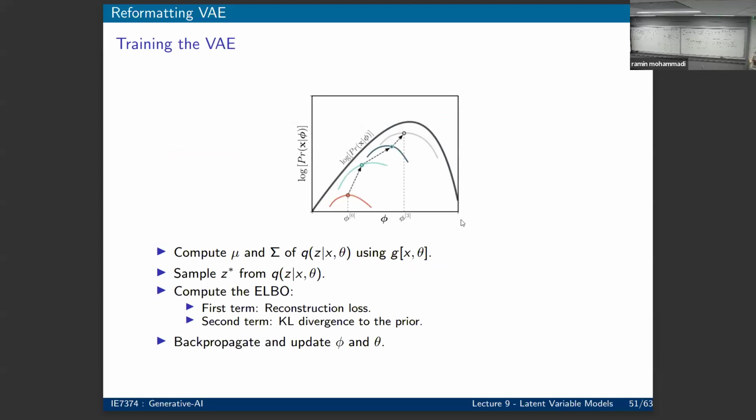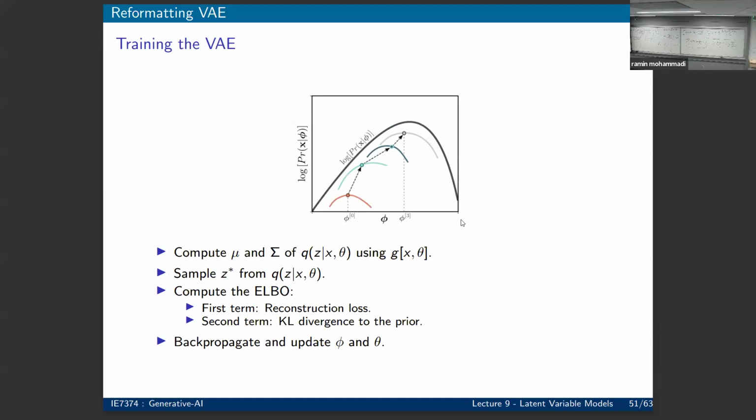Now, again, this process summarizes the learning. You start with some sample, you find the mu and the covariance, you pass it to the model, and the model gives you some value, like an encoder output. Using that, you sample from it and get some Z star.